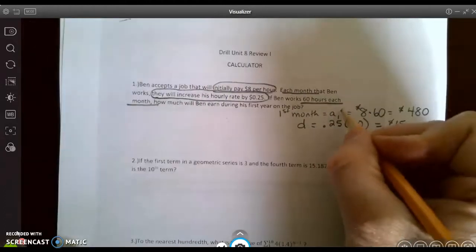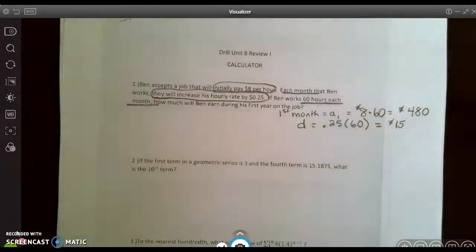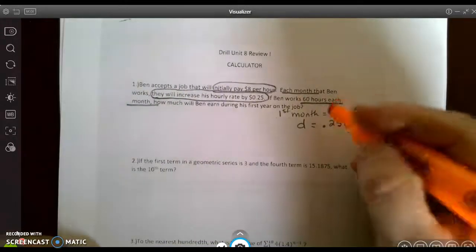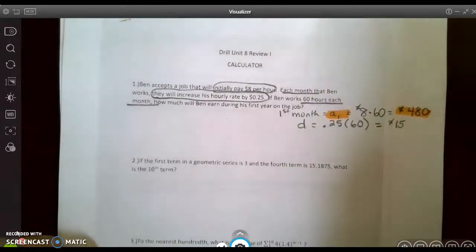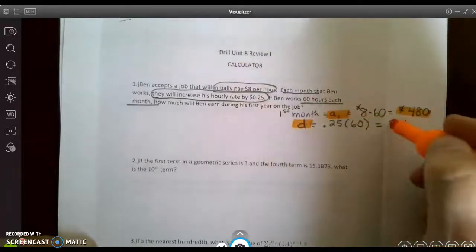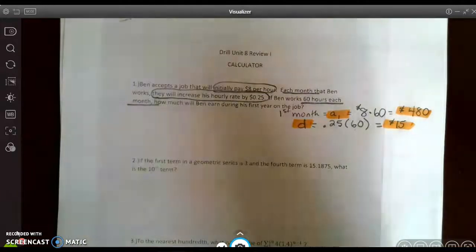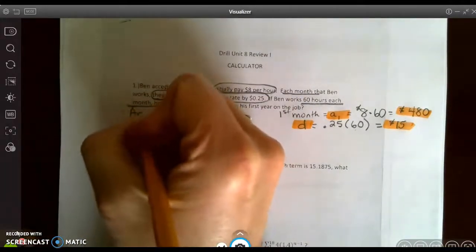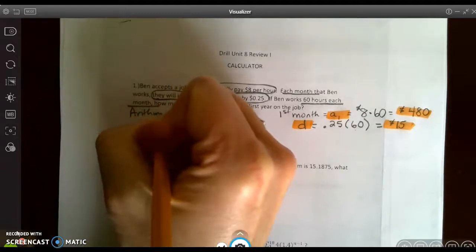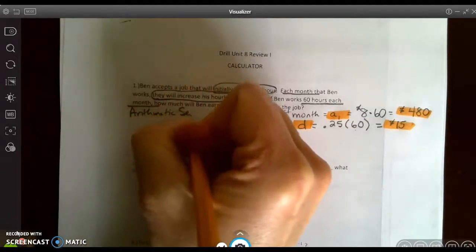So my A sub 1, maybe I should use a highlighter to show you this. My A sub 1 is $480, and my constant difference is $15. Because it's a constant difference, this is an arithmetic series.